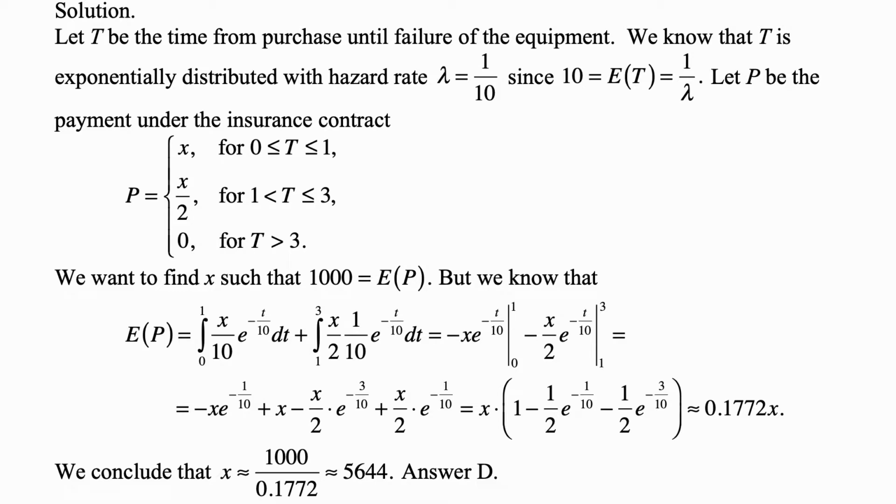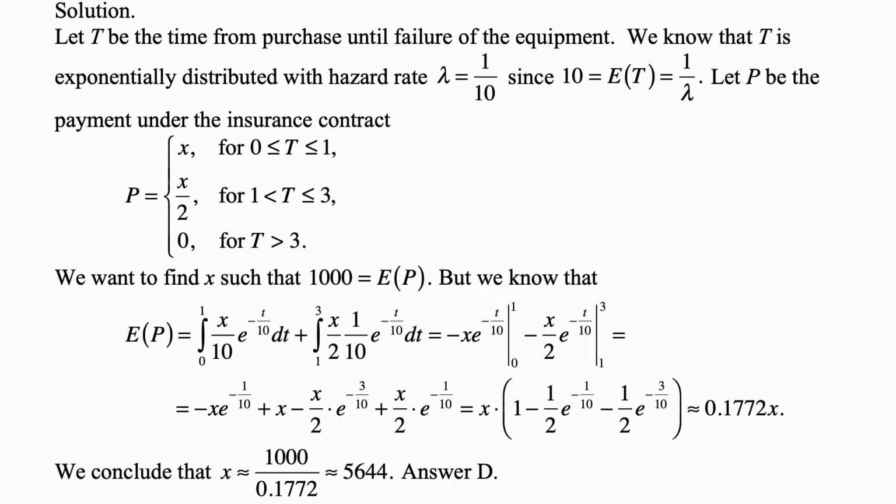And here's the solution. So let's write T for the time from purchase until failure of the equipment. We know that T is exponentially distributed with hazard rate lambda equal to 1/10, because we are told that the mean of T is 10. And the mean of exponential distribution is the reciprocal of its hazard rate. The density of exponential distribution is lambda times e to the minus lambda t.